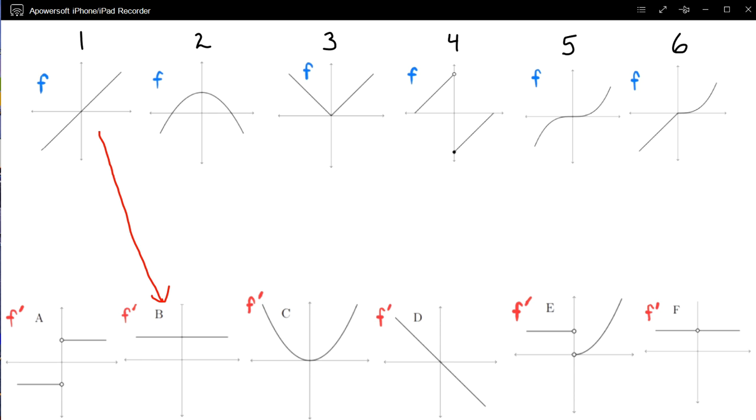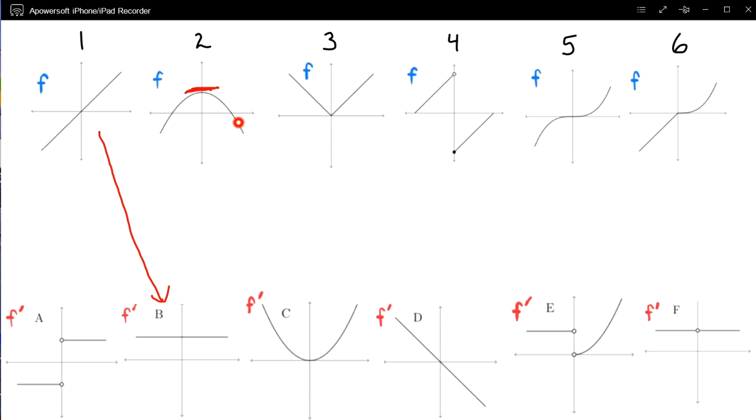All right, so graph 2, if you think about what's happening with our function. Right here, you are going to have a slope of 0. So your derivative is going to be 0 at that point. To the left, our function is increasing, so we're going to have a positive value for our derivative.